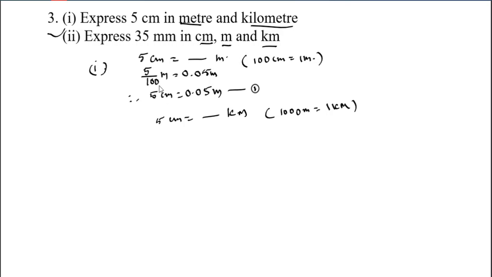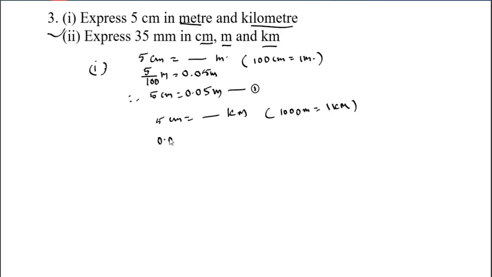5 centimeters is equal to 5 by 100 meters. So you can write 5 by 100 meters or 0.05 meters. The choice is yours; you can write anything. Let me write 0.05 meters.